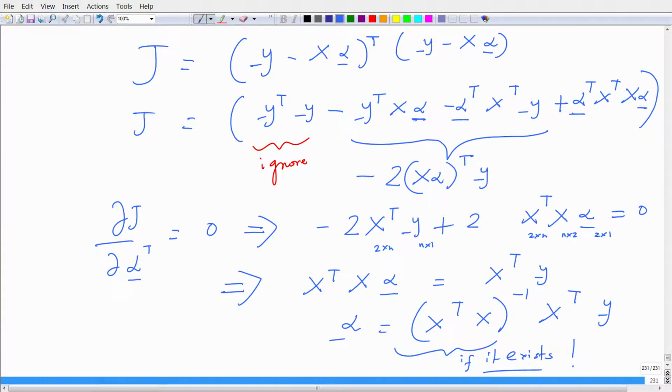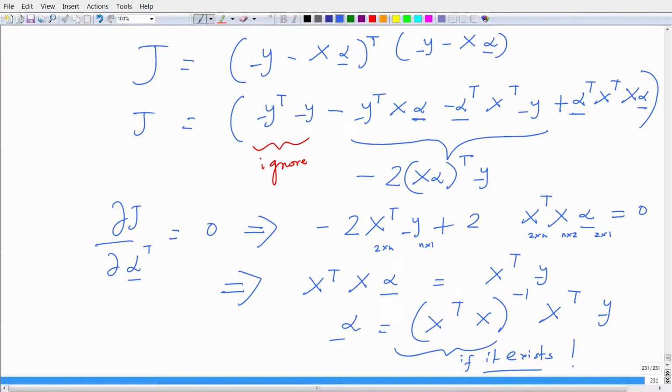This is the important observation. And why did we land up with such an equation? Because we had n observations and we just had 2 variables to estimate, which is alpha naught and alpha 1, because of which we had more observations and fewer variables in our model, and we landed up with an observation matrix which was rectangular.